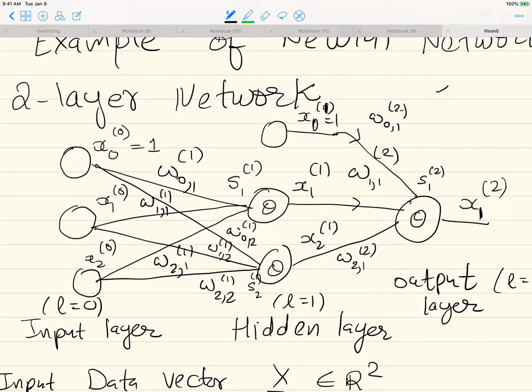So I compute E(ω), which is (x1^(2) minus y) squared, from this output value. And then I'm asked to compute the derivative of this with respect to, say, the first weight here. How will I do that? Without knowing anything complicated, just based on this graph.